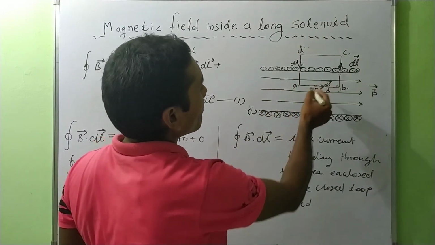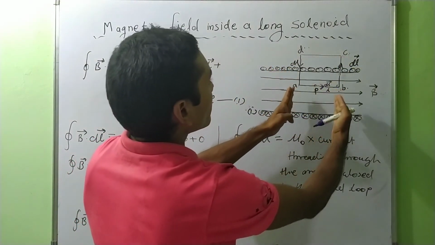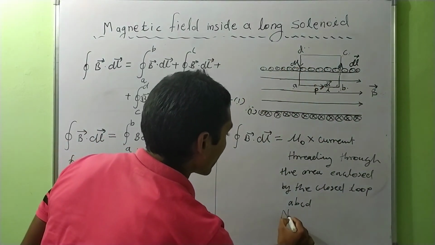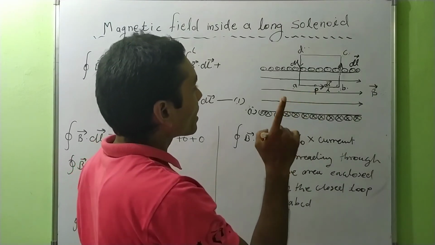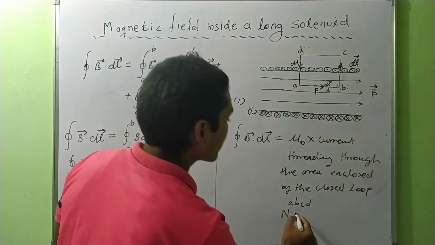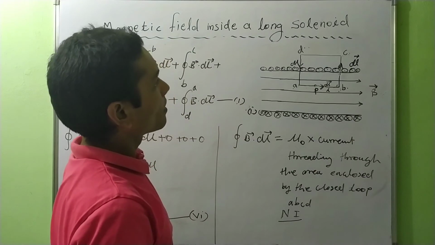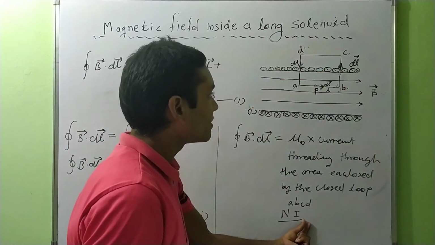Let the total number of turns in this small portion enclosed by ABCD be capital N, and the current flowing through each circular loop of the solenoid be I. Then the total current threading through this area will be NI.